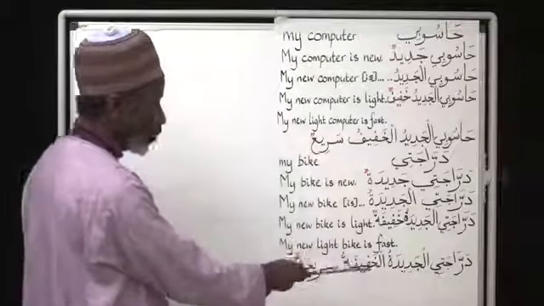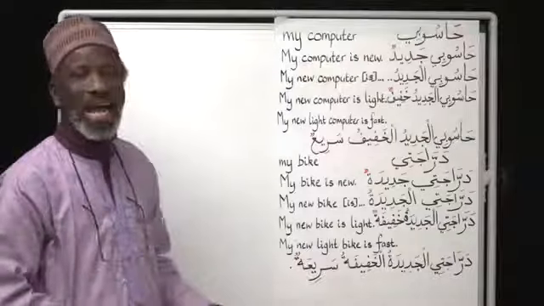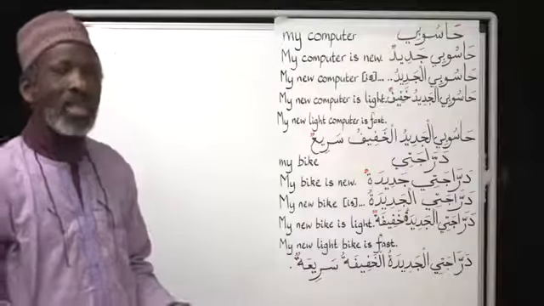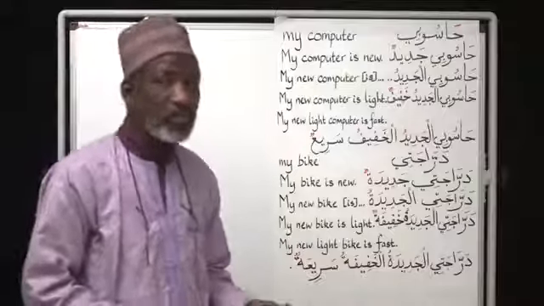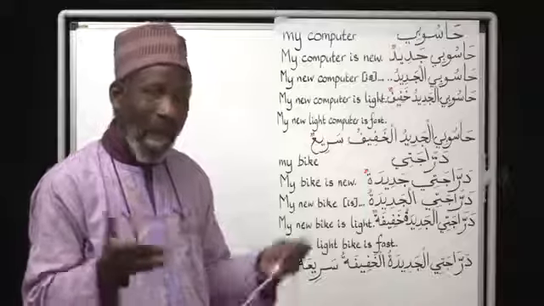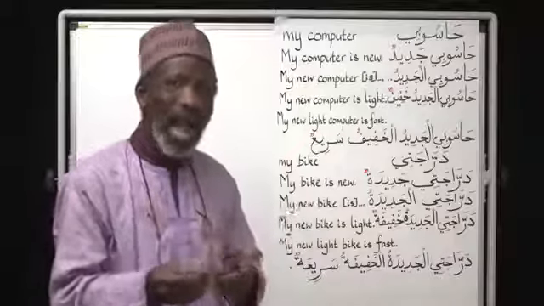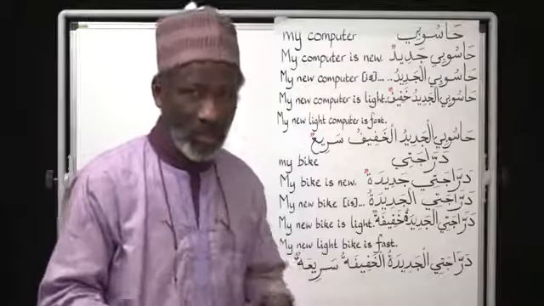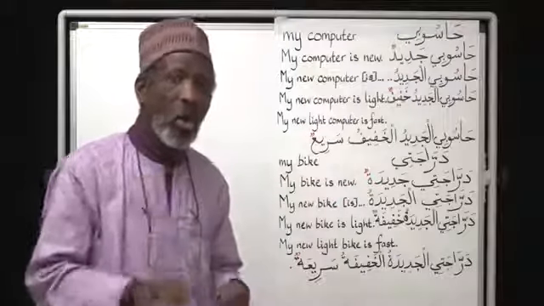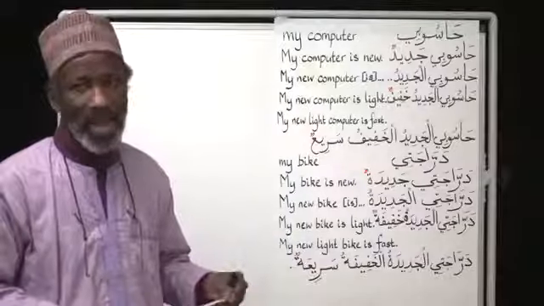Darajatil jadidatul khafifatu sari'atun. Practice the reading and establish the principle and the template so that you can see how these nouns and adjectives are interacting with each other and producing a different shade of meaning in phrases and sentences.